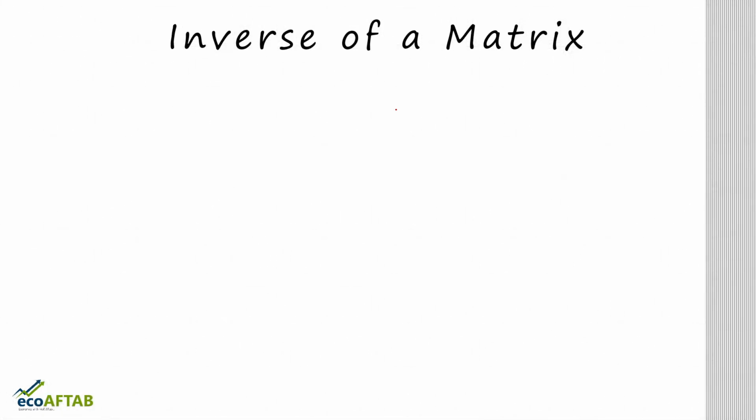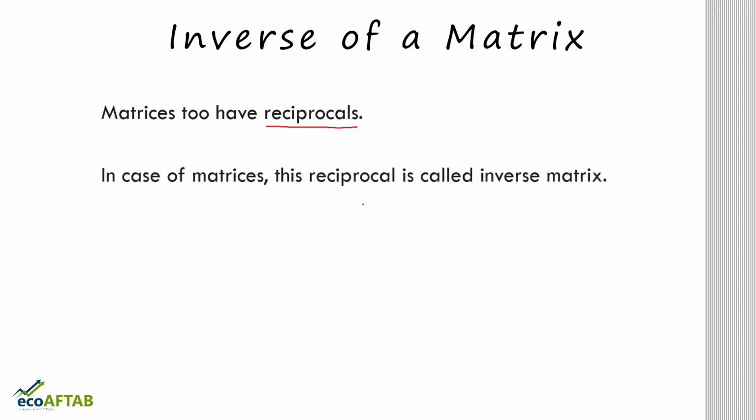So, inverse of a matrix. Matrices also have reciprocals. This is one thing that we need to keep in mind. In the case of matrices, the reciprocal is called the inverse matrix. If A is a matrix, it may be a 2 by 2 matrix or a 3 by 3 matrix, then its reciprocal is the inverse of that matrix.